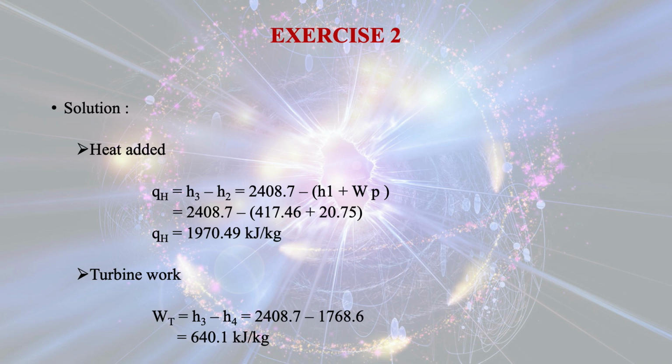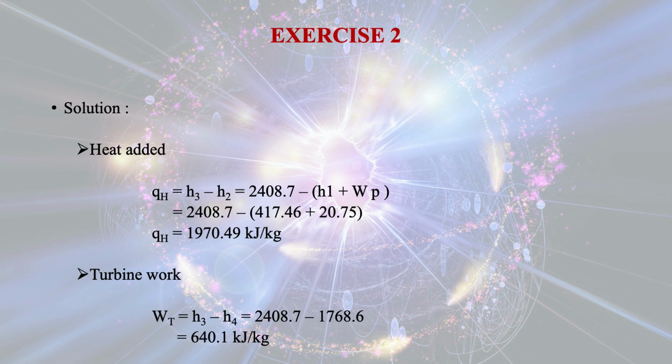So heat added, that is QH, is equal to H3 minus H2, that is equal to 2408.7 minus, within bracket, H1 plus WP, because H2 is equal to H1 plus WP. Now dear learners, at this juncture we know H1, we know WP, there is no problem for calculating the heat added, that is QH.